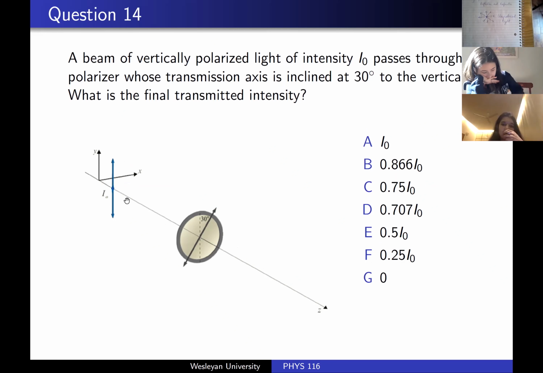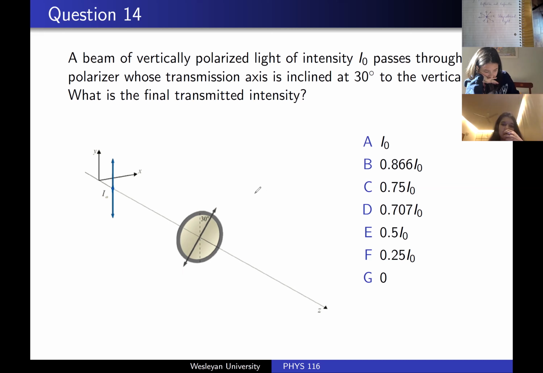Supposing I have vertically polarized light of some intensity I naught, and it's passing through a polarizer, and this polarizer has a transmission axis, which is in this case inclined at 30 degrees to the vertical. What is going to happen to the light? Two interesting things are going to happen. One is the intensity is going to go down.